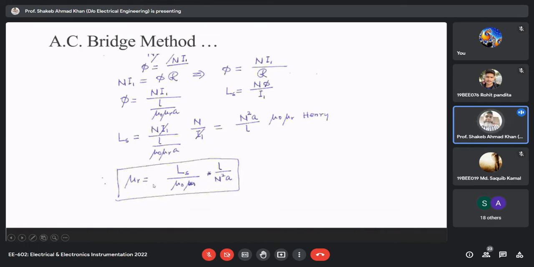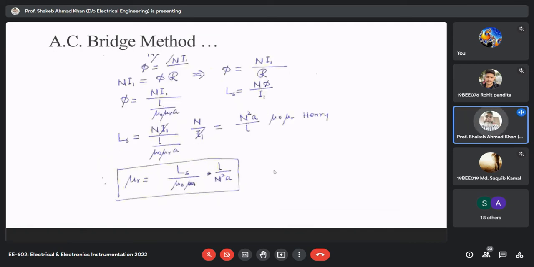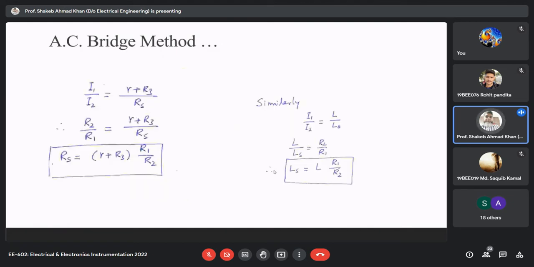So you can find out the permeability of the sample also, although our main objective was to find out the iron loss. One of the methods to find the iron loss is the AC bridge method, and along with that we can measure the sample permeability. The main method, I'm again reminding you, is the open circuit method, also called the wattmeter method, where through a wattmeter we measure the loss.